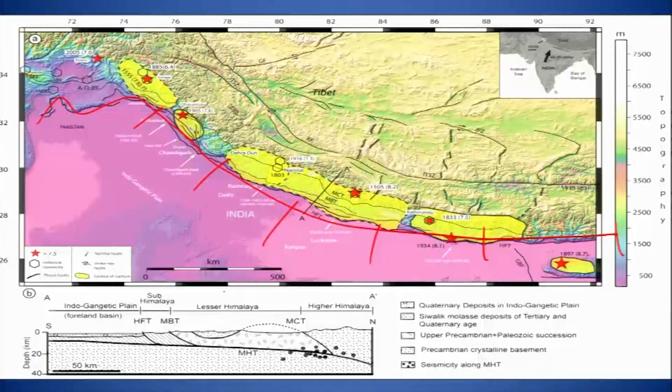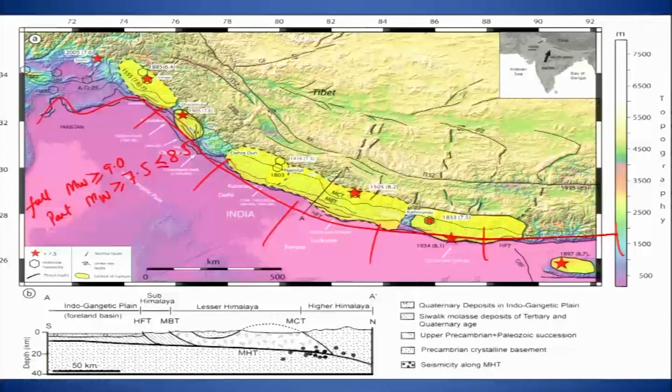Now, if it is going to rupture in one single go, then we are looking at an earthquake with magnitude greater than or equal to 9. This is the complete full rupture. But if it ruptures in part, then it may produce an earthquake with a magnitude between 7.5 and 8.5 or so.